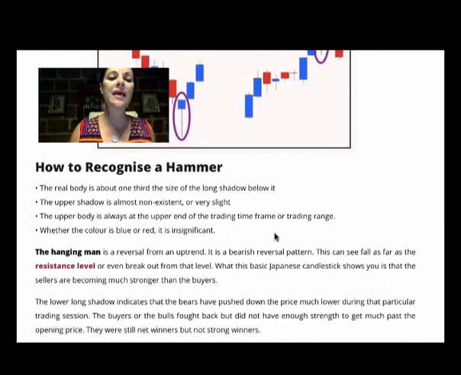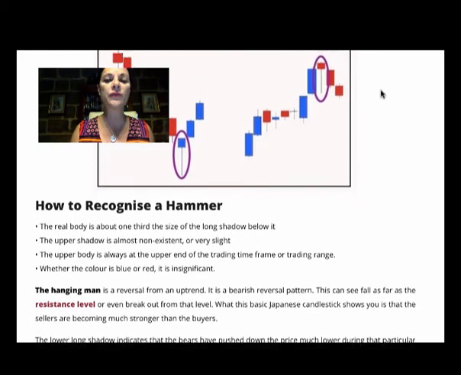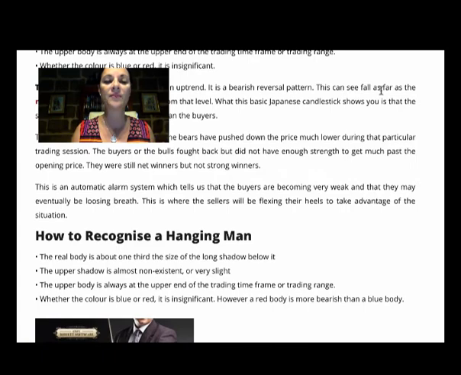How do you recognize a hammer and how do you recognize a hanging man? The hammer usually has a real body which is about 1/3 the size of the long shadow. The upper body is almost non-existent, or body, as you can see, is always at the end of a trading frame or at a trading range, and whether it's blue or red, it's totally insignificant, but what it signifies is that there is going to be a change in trend.